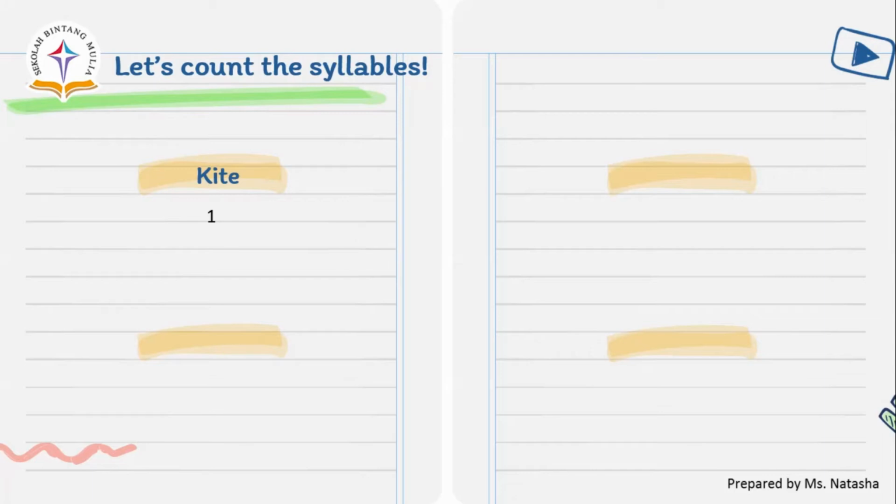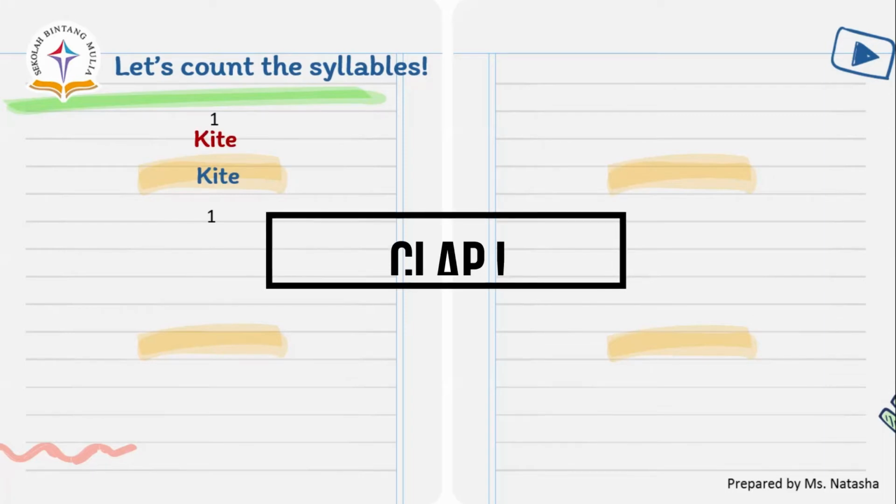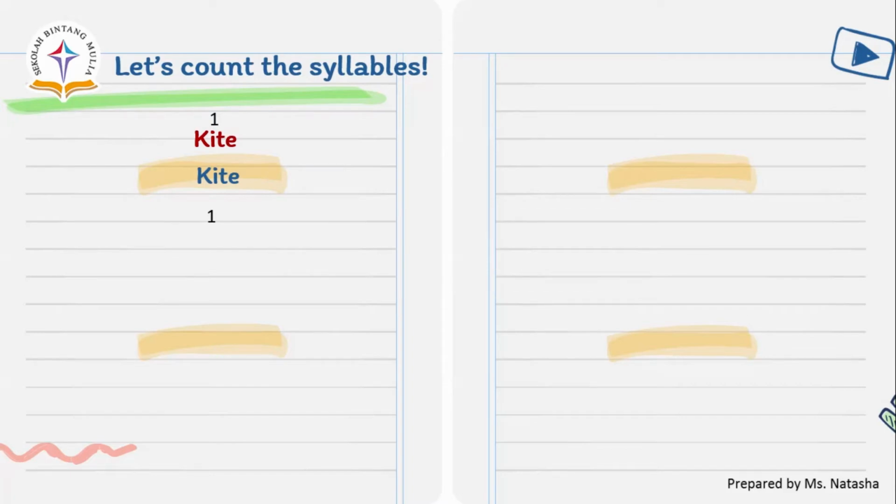Are you ready? Here we go. Kite. How many times did I clap when I said the word kite? One time, that's right. So there's only one syllable in the word kite.